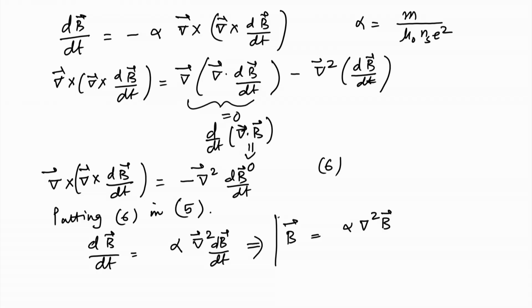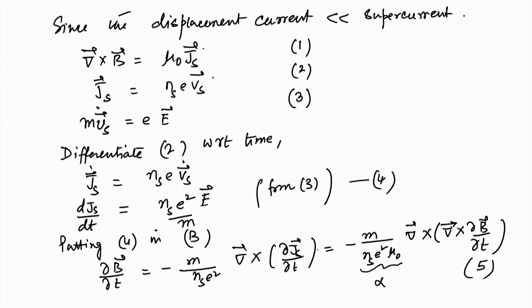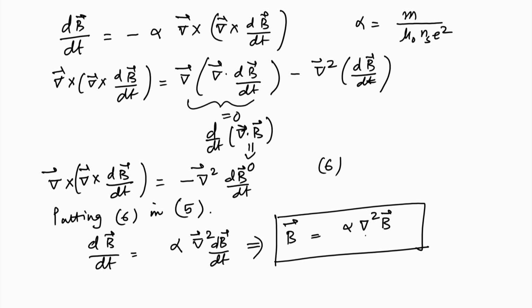So, this is the equation that gives the space variation of B, and according to this diagram, the variation can be in the x direction. So, let us convert this 3-dimensional equation to one dimension, because we can safely assume that del B del y and del B del z are equal to 0.